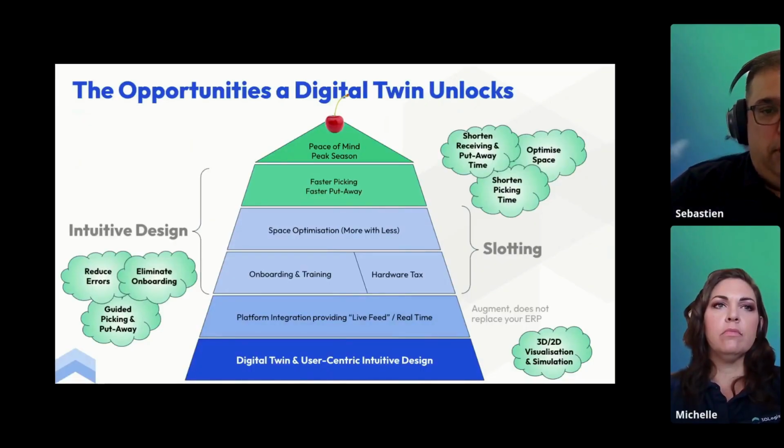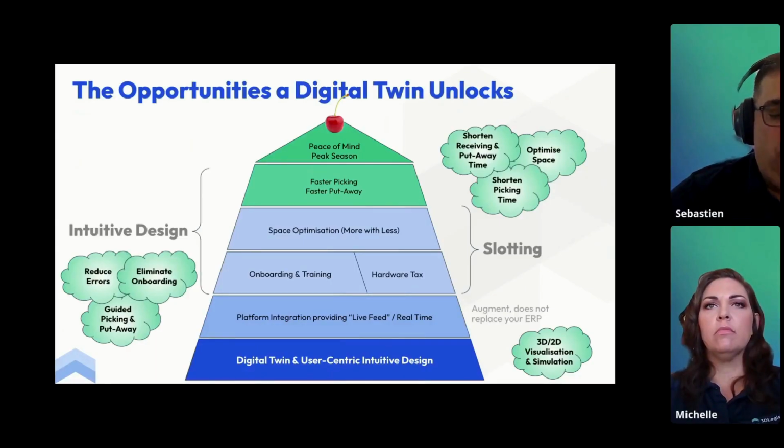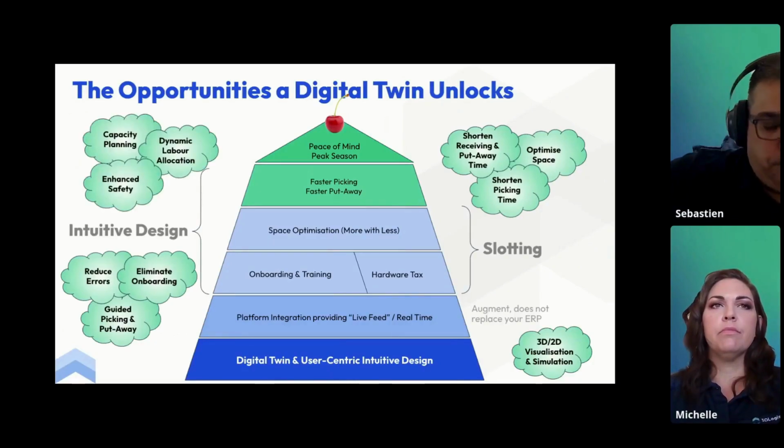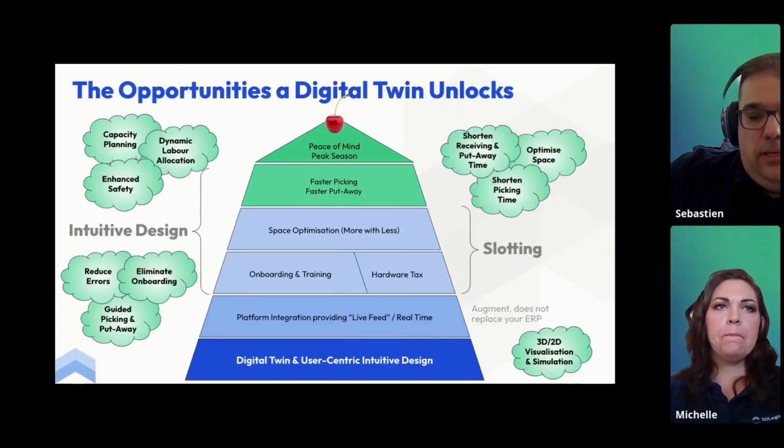We're able to shorten the receiving and put away time, not just because it's easier or more visually appealing, or the UX is better, but because of what we talked about earlier with the slotting, optimize space, shorten picking time, and then hopefully help you with capacity planning, labor allocation, and safety inside the warehouse.